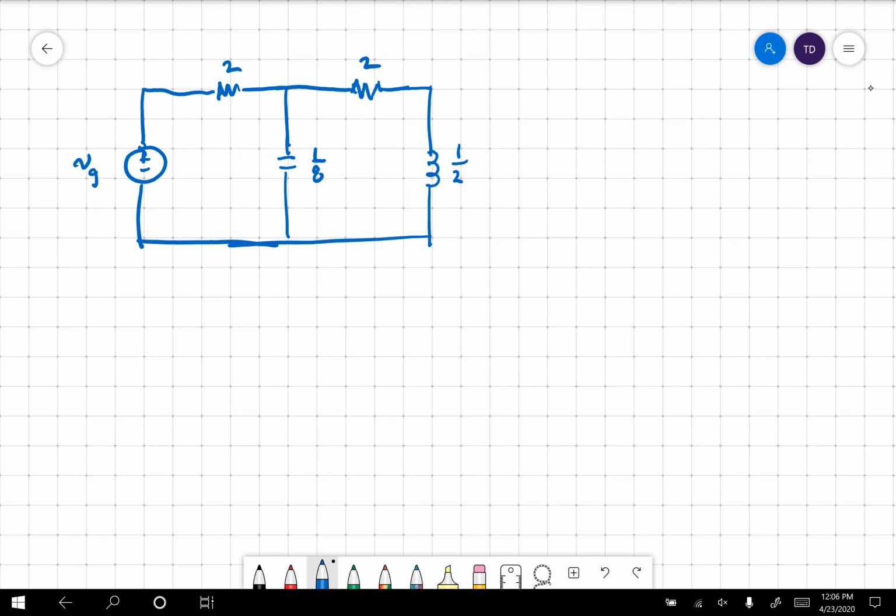And here's what we want to do. We want to find this voltage right here. We'll call that V. We want to find V. Find V of t, for t greater than 0. For the following 3 situations.